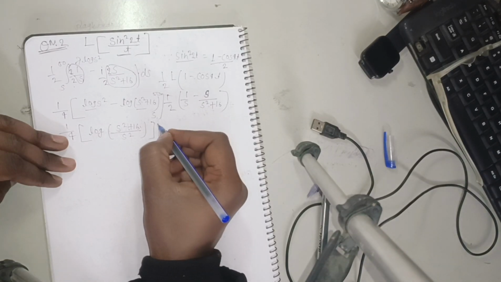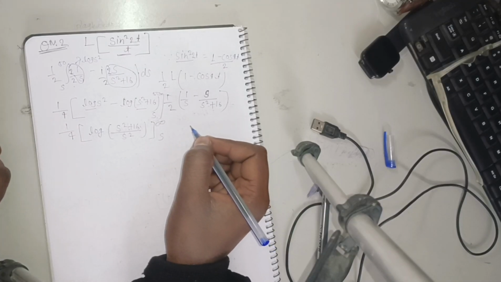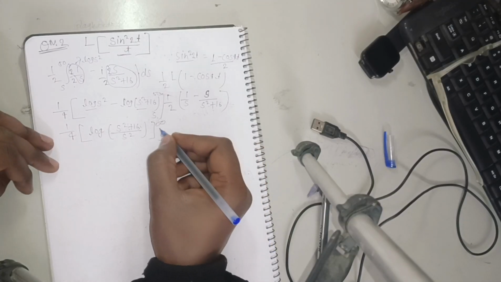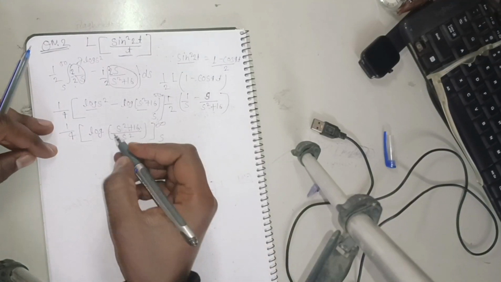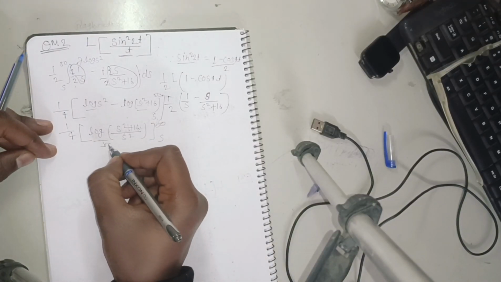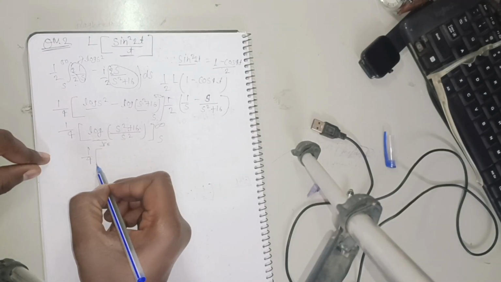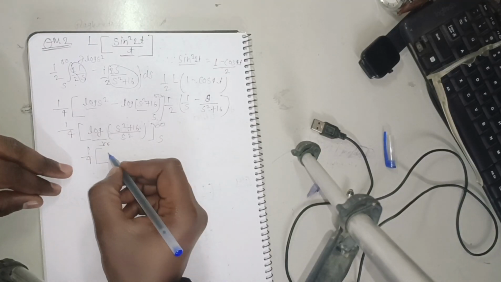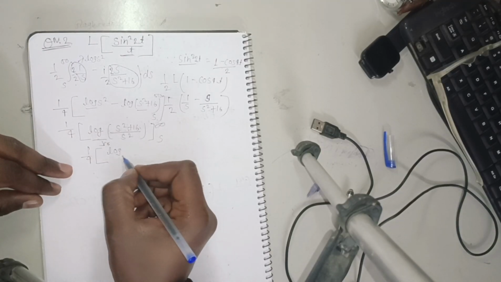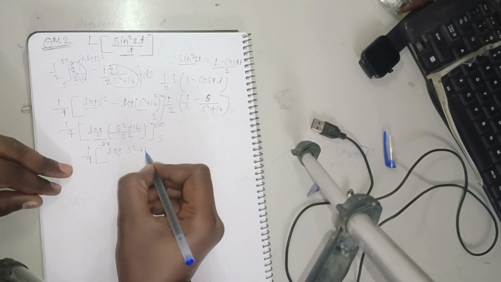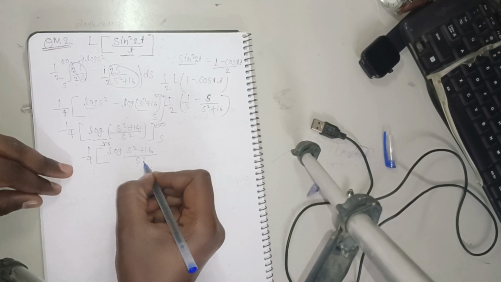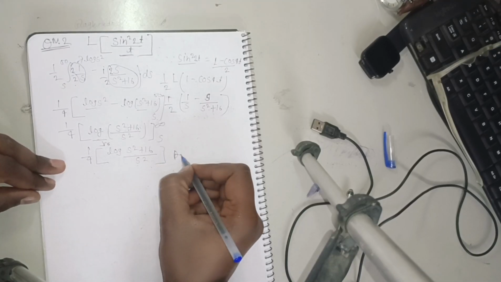So s to infinity, now simply we will put the value. If I put infinity, this will again be 0, so I am not putting infinity. So 1 upon 4 log of, in place of s, I will put s plus 16 upon s square, same. Okay, so this is our final answer.